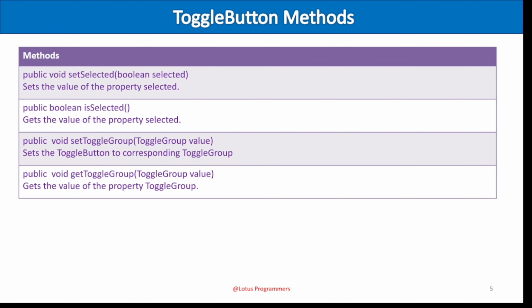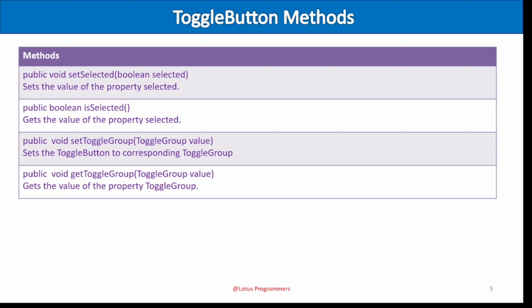Next we see the methods referred from the ToggleButton class. If you want to set the toggle button in the selected state, call the setSelected method by passing true as the argument. Next, to check whether the toggle button is selected or not, call the isSelected method.